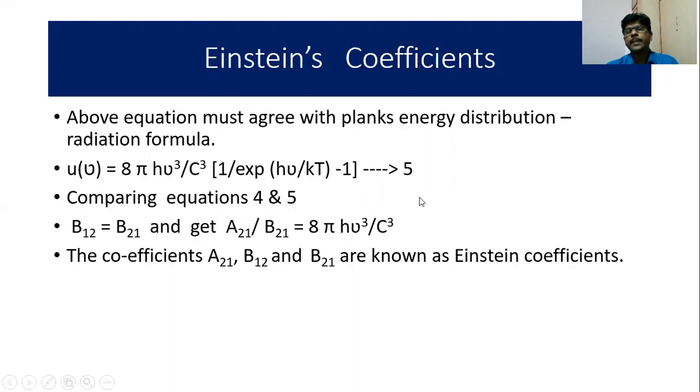We shall take this as expression number 5. Comparing equations 4 and 5, we arrive at B12 is equal to B21 and A21 by B21 is equal to 8 pi h nu cube by c cube. The coefficients A21, B12 and B21 are known as Einstein's coefficients.